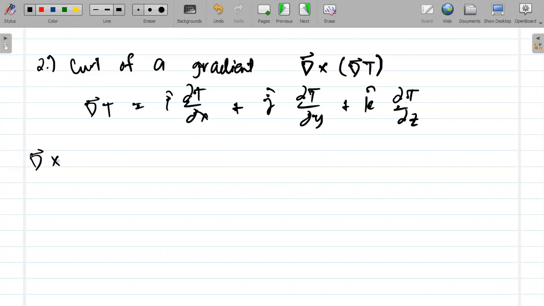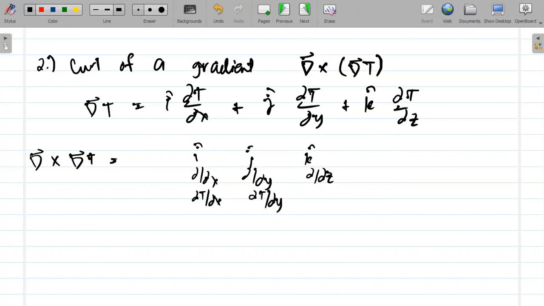So, del cross del T. So, again, i hat, j hat, k hat. So, partial x, partial y, partial z, tapos partial T partial x, partial T partial y, partial T partial z.